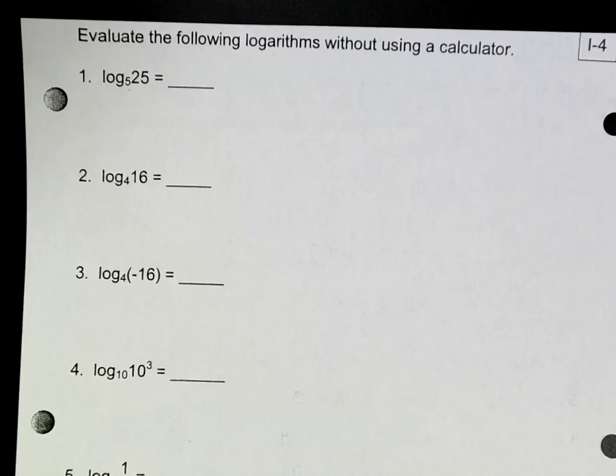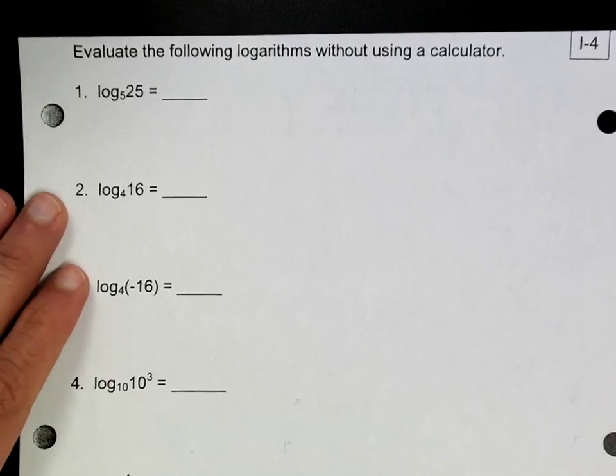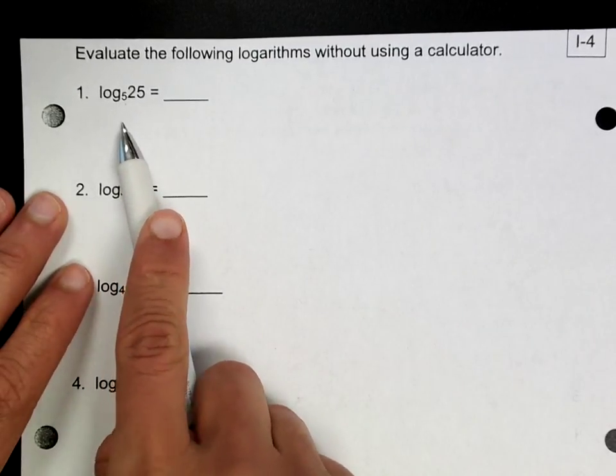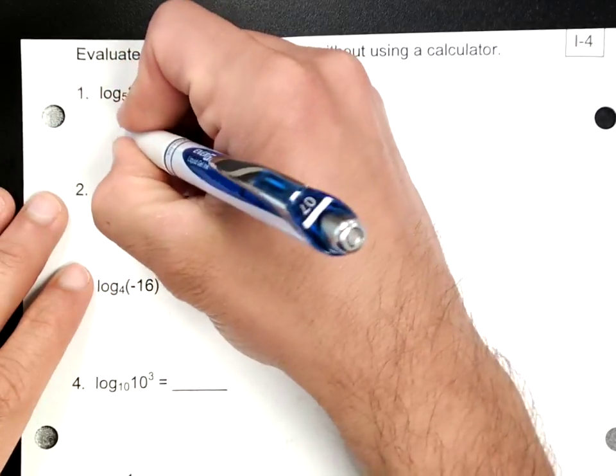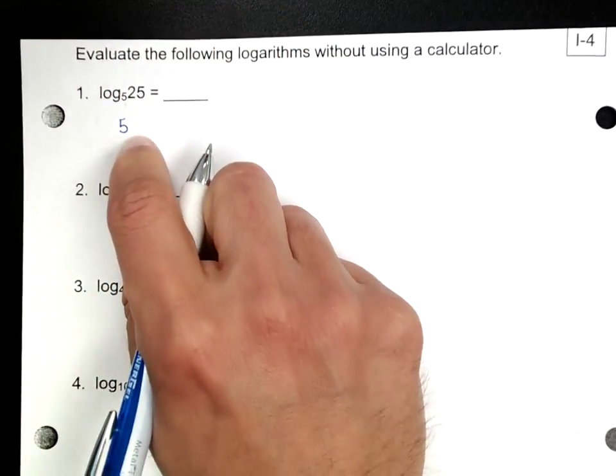By the way, 13 to the what power is 169? You remember that? 13 squared, right? 13 times 13 is 169. So stuff like that, you can use a calculator for if you choose to. Now, the way you do this without a calculator is you ask yourself, this is 5, the base of my exponent.